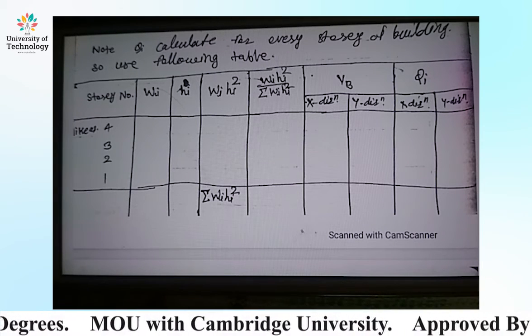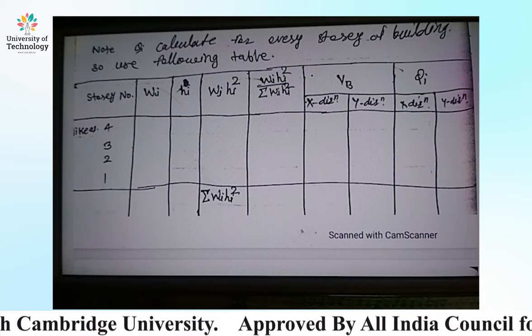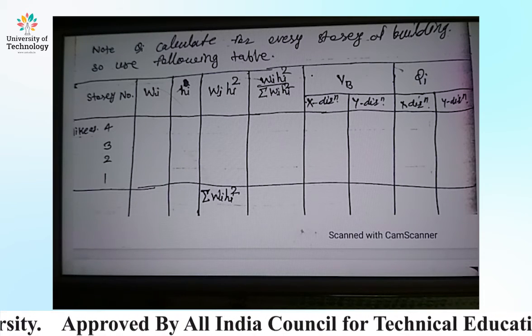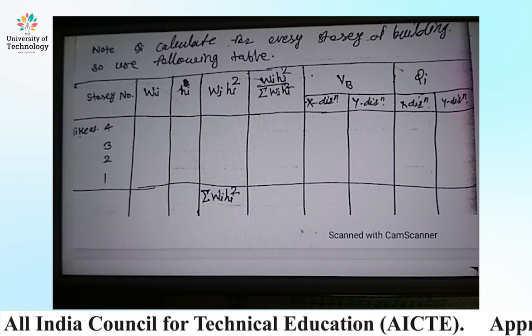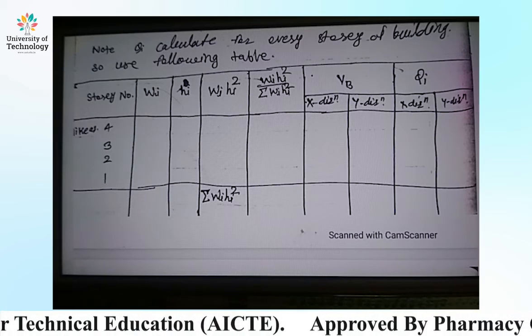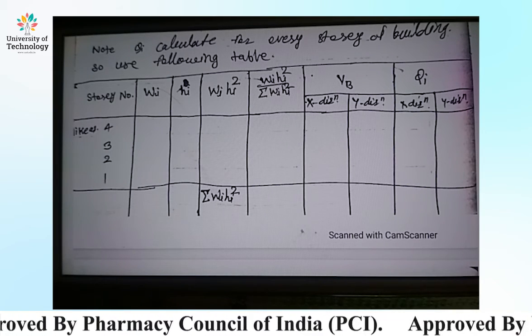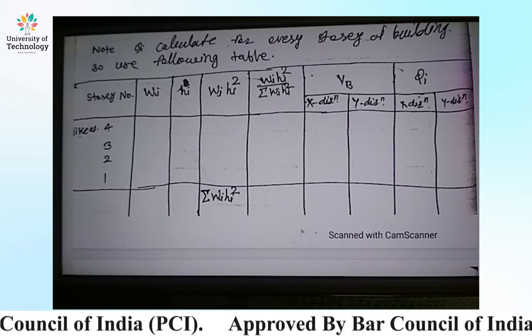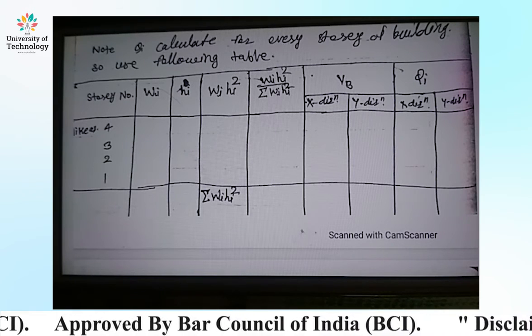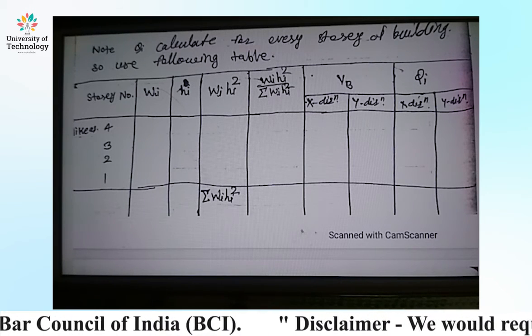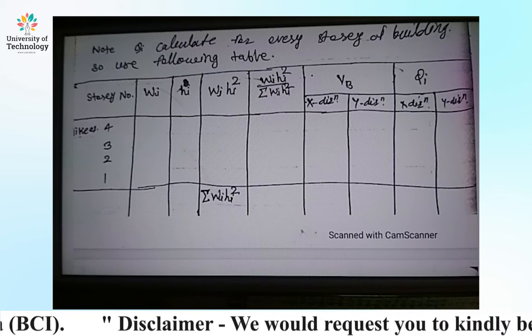After that come Wi, hi, and Wi hi square, the product of these as per the formula, and in the next column, the formula Wi hi square upon summation of Wi hi square, and then VB, base shear, and Qi.